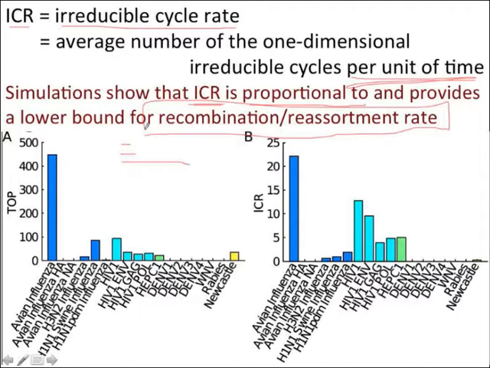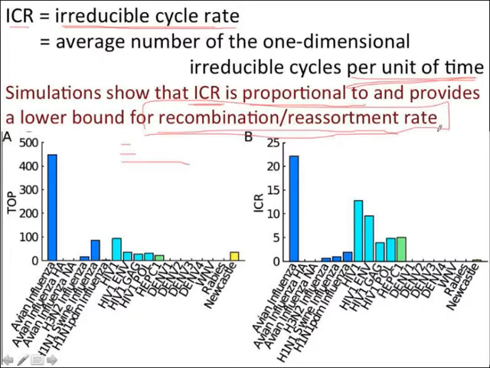Biologists are very interested in the mutation rate of viruses. How quickly a virus mutates will tell you a lot about its behavior and how quickly it might spread. So the mutation rate is quite important. The irreducible cycle rate gives you a lower bound to the type of mutations from recombination and reassortment.